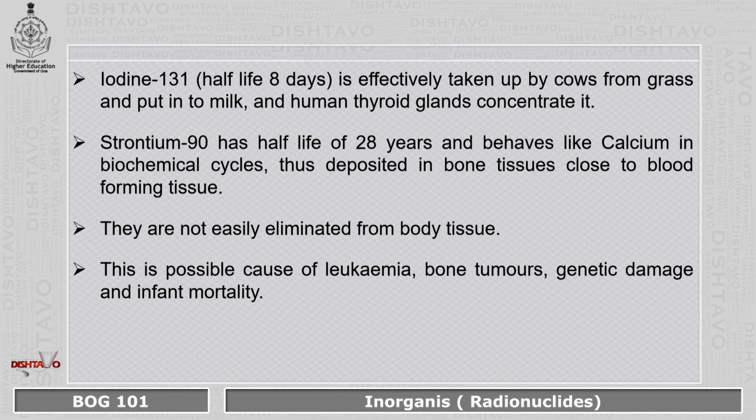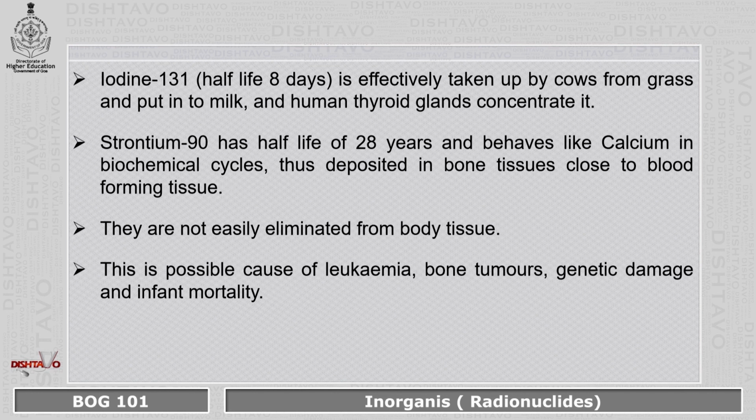Iodine 131 has half-life of just 8 days, but it is effectively taken up by cows from grasses, and it is put up in milk, which is then taken up by thyroid glands in humans, causing serious problems. Strontium 90 has half-life of 28 years, and it behaves like calcium in biochemical cycles.